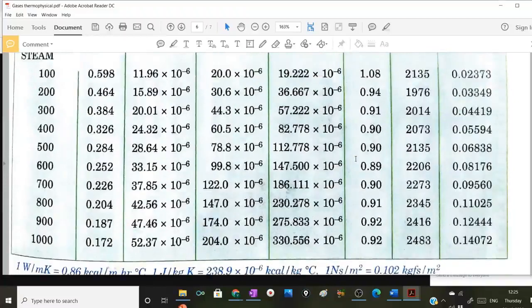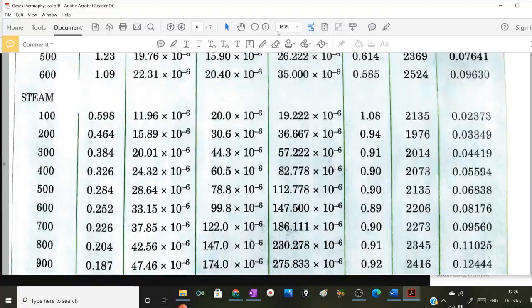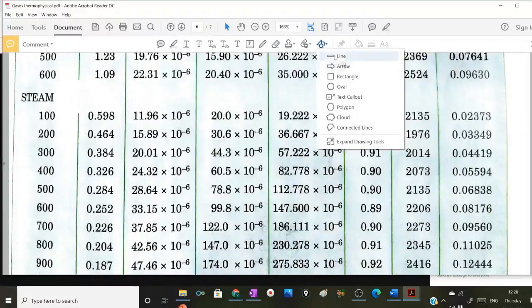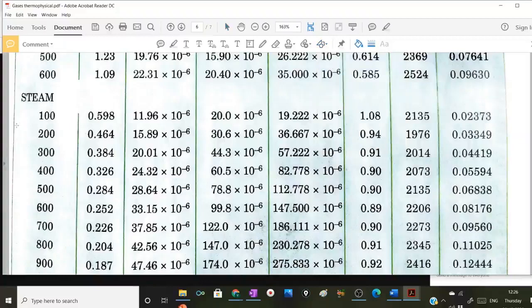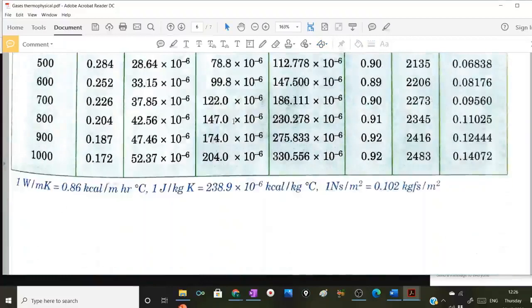Okay. From the steam table you can find out the internal energy, enthalpy, entropy values. But from this table you can find out thermophysical properties. So steam, again steam is an important working substance, so I will mark it.